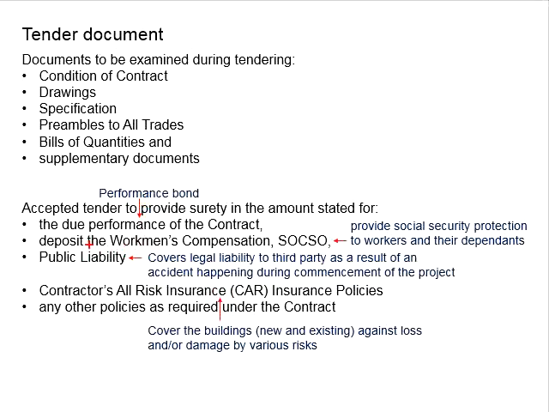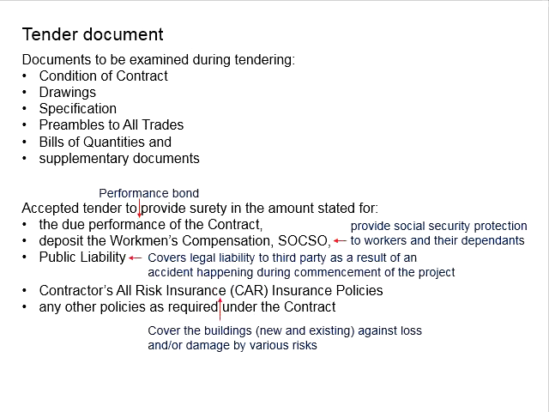Next, there will be a deposit for workmen's compensation as well as the SOCSO. SOCSO stands for Social Security Organization. It is sometimes referred to as PERKESO, Pertubuhan Keselamatan Sosial, in Bahasa Melayu. It is a government agency formed under the Ministry of Human Resources.